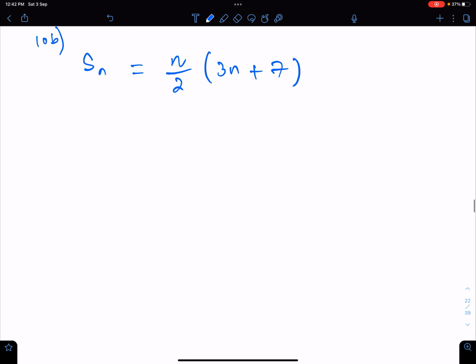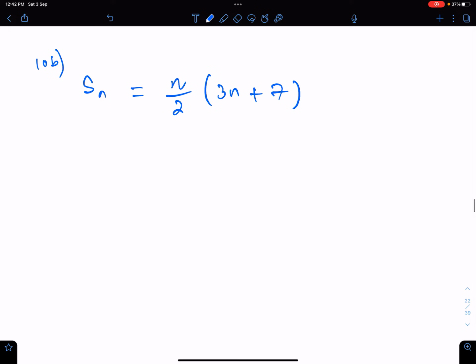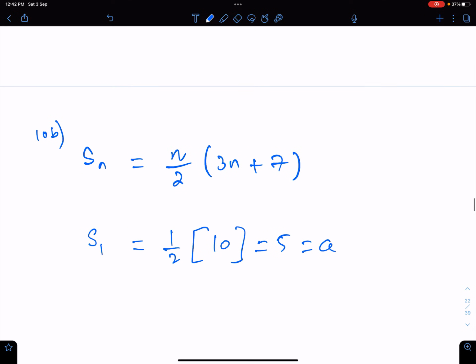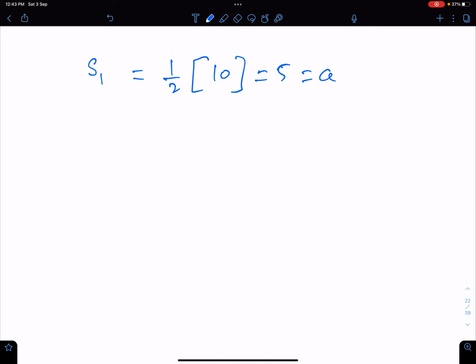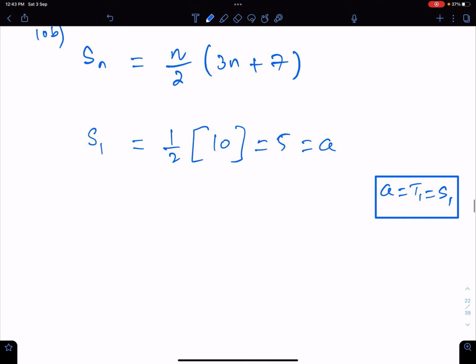Yes. So for A, we need S1. N upon 2, so it's 1 upon 2, 10, because when we put 1 here and here and here, we'll get this. So this is 5 and this is A. Remember, A is T1 and S1. If we have S1, that means A.